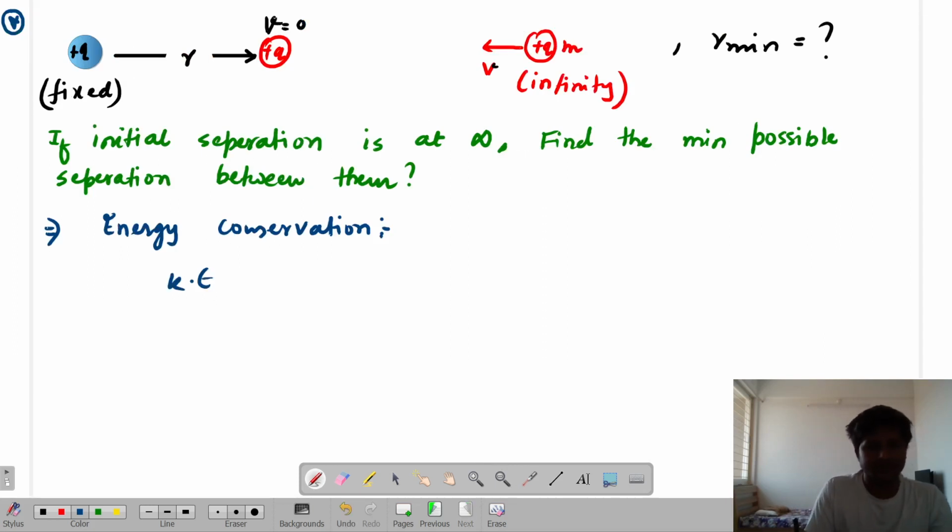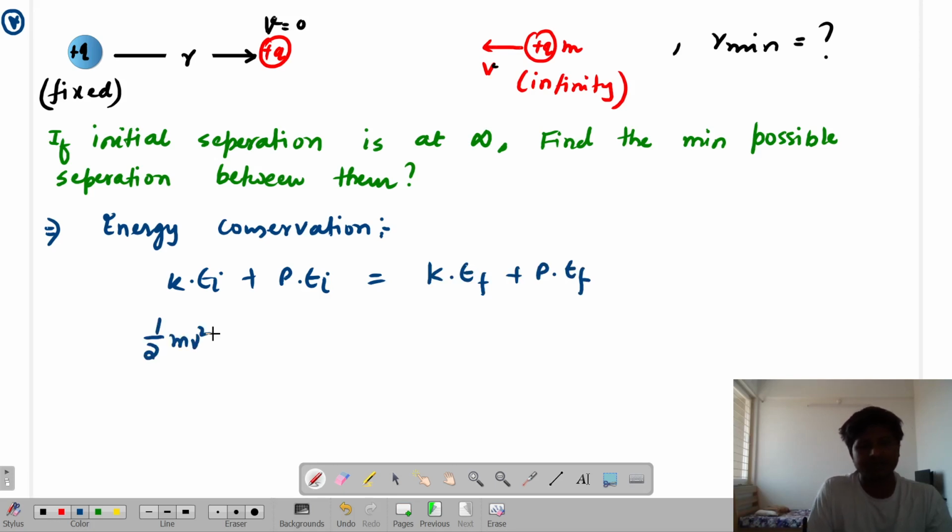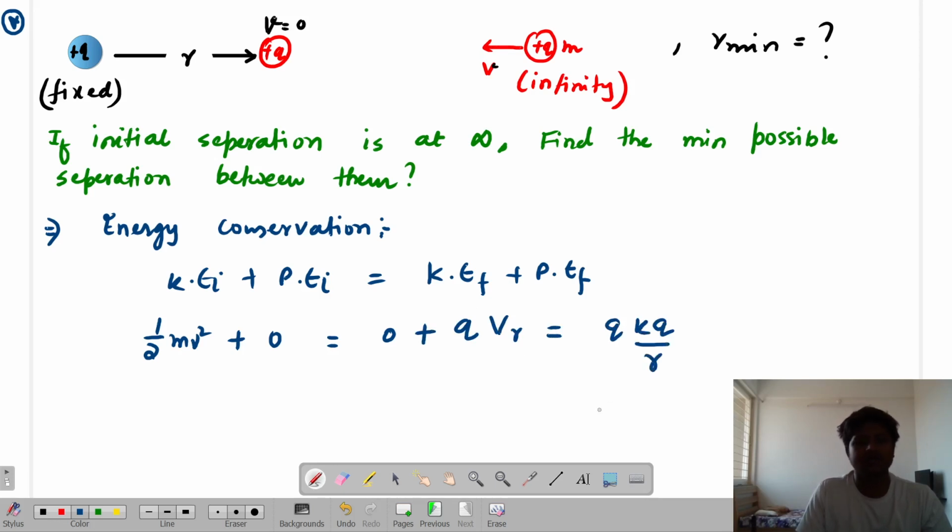Kinetic energy initial plus potential energy initial is equal to kinetic energy final plus potential energy final. Kinetic energy initial is half mv square. Initial potential energy is zero. Final kinetic energy is zero, and final potential energy is the charge which is moving, q, times the potential at point r, which is q into kq by r.